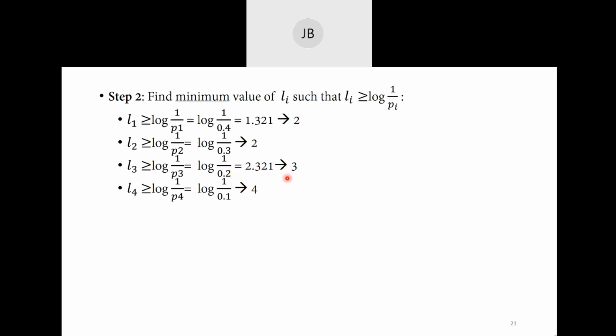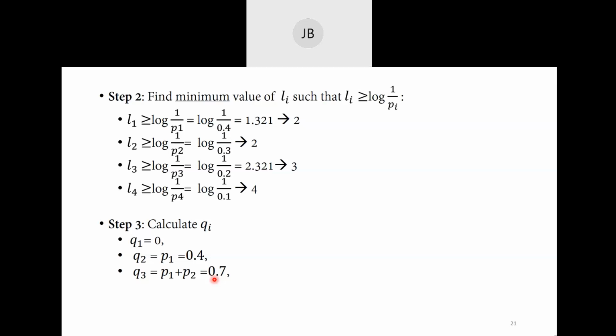Similarly for L4. Okay, in the third step, we need to find out some parameters that are Q parameters. The first value Q1 is always 0. The second value Q2 is produced by the first probability 0.4. The next value is produced by adding two probabilities, that is 0.4 and 0.3.